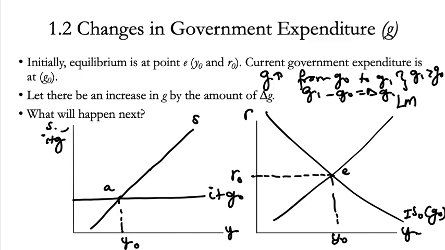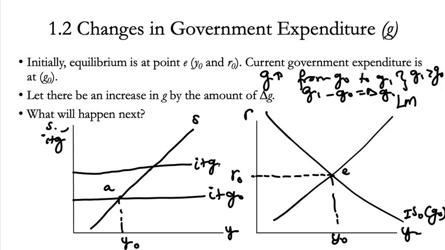This is a very undergraduate level. In the first graph, the leakage injection approach graph, G naught has increased to G1. That means the injection curve will shift upward by the amount of change in G.